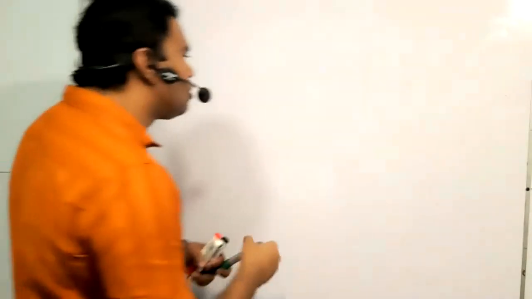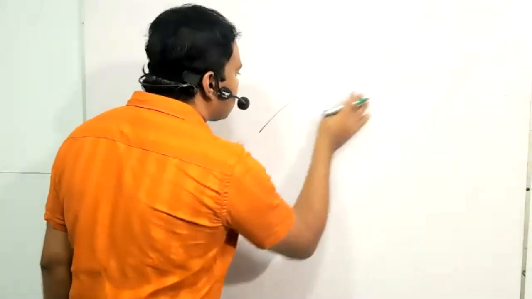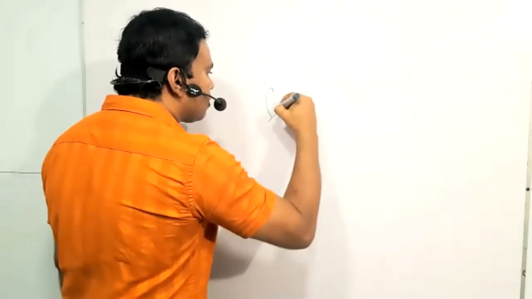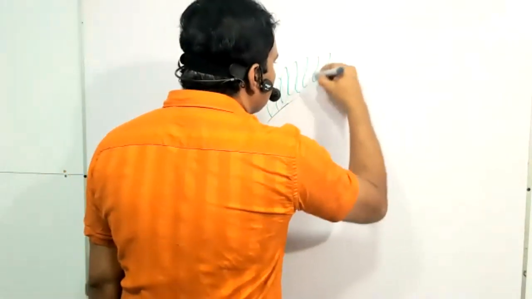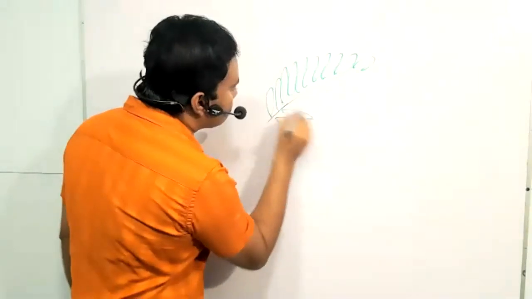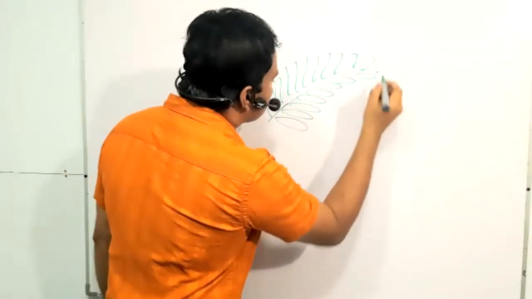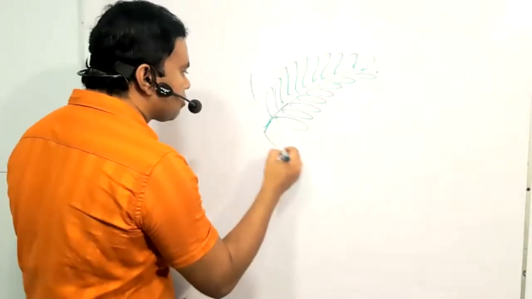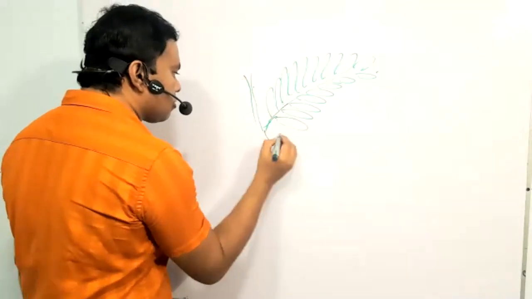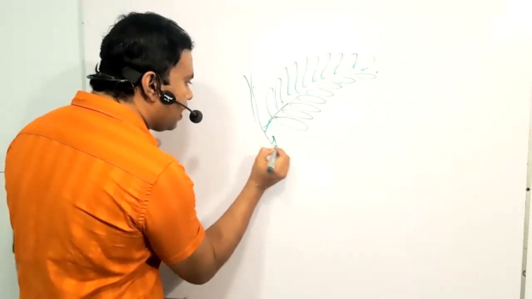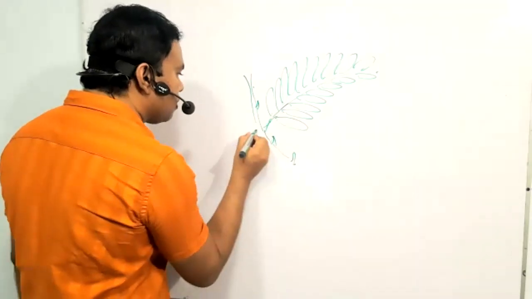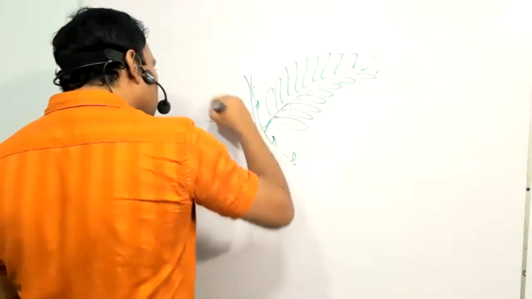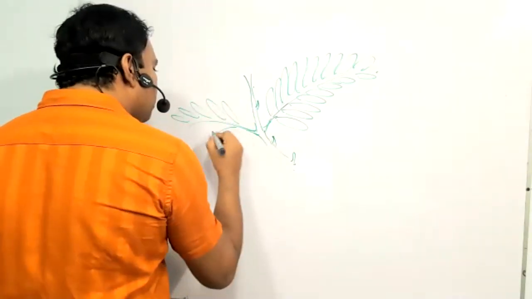Okay, now I am drawing a certain plant. Okay, so you can see it this way. You can see thorns of that like this. So this is a magnified one, not a big plant.